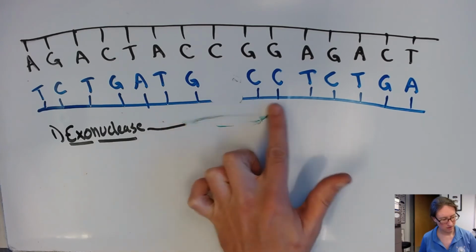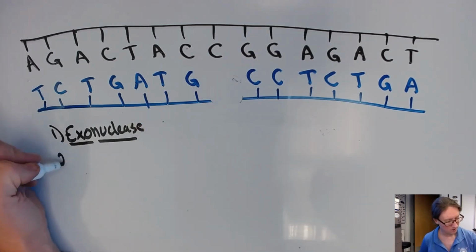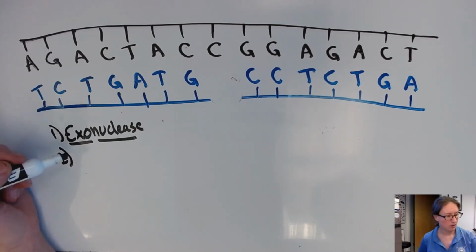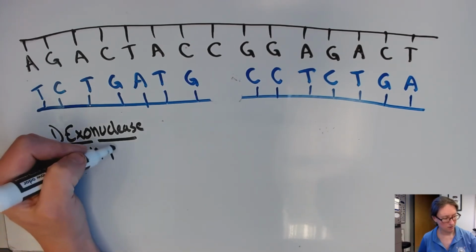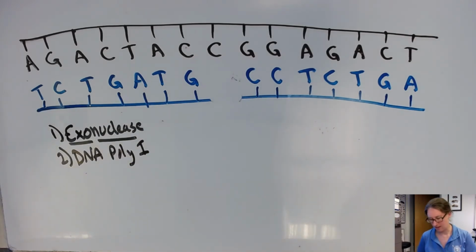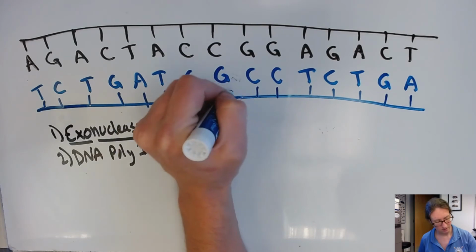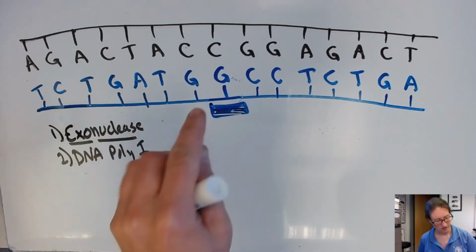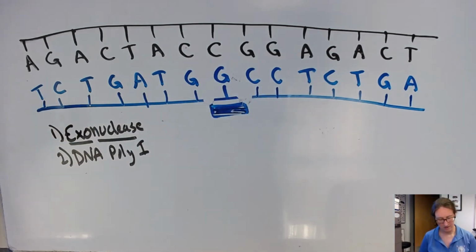Then after that's gone, there is another DNA polymerase that can come in and put in a replacement base. That is DNA polymerase I, and it will stick in a new base.